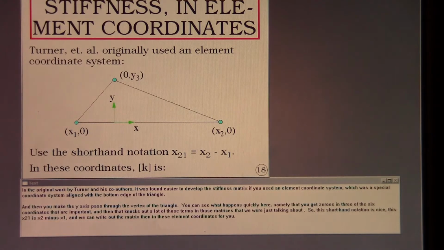You can see what happens quickly here, namely that you get zeros in 3 of the 6 coordinates that are important, and then that knocks out a lot of the terms in those matrices that we were just talking about. So this shorthand notation is nice. This x21 is x2 minus x1, and we can write out the matrix then in these element coordinates for you.